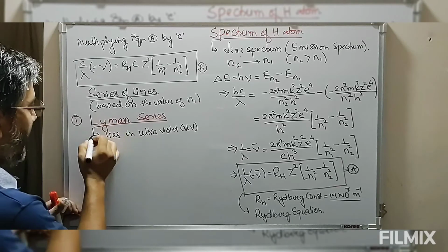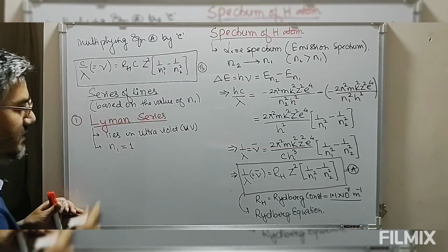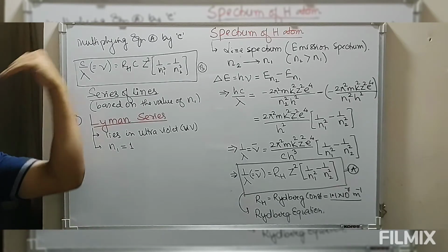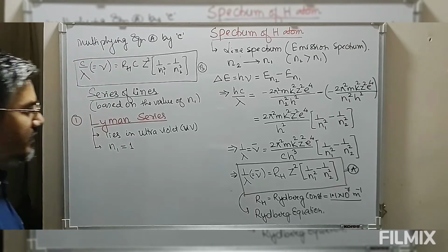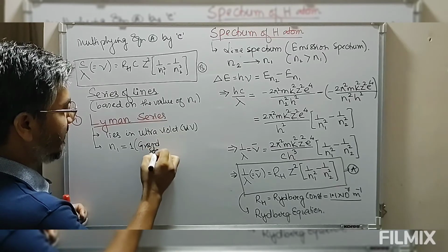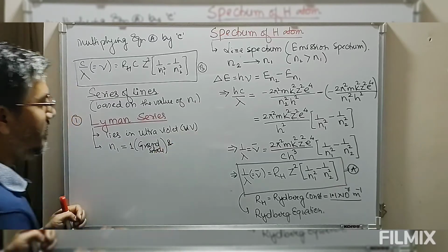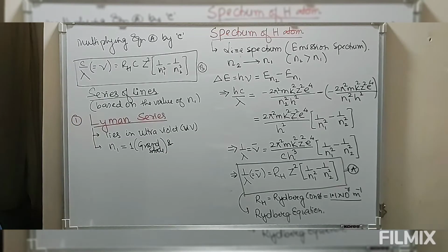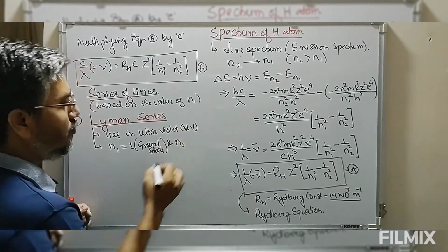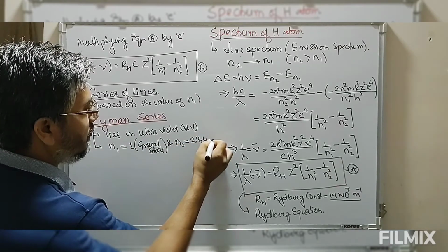For this Lyman series, the value of n1 will always be 1, that is the lowest possible state, also known as the ground state. If the electron is coming from any excited level to the ground state, then this is known as the Lyman series, and all these transitions lie in ultraviolet radiation. And n2 will be any value greater than 1, so we can have 2, 3, 4, etc.